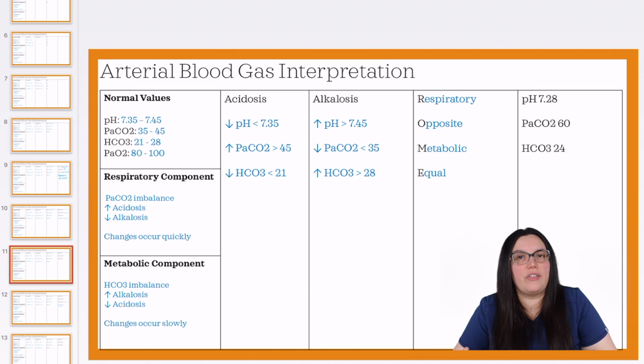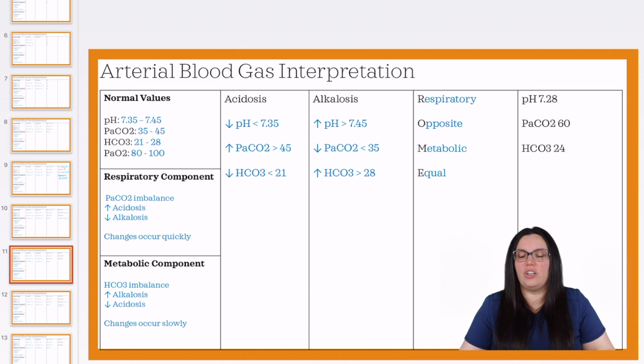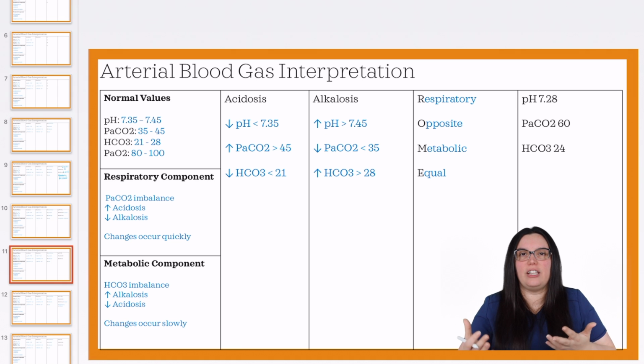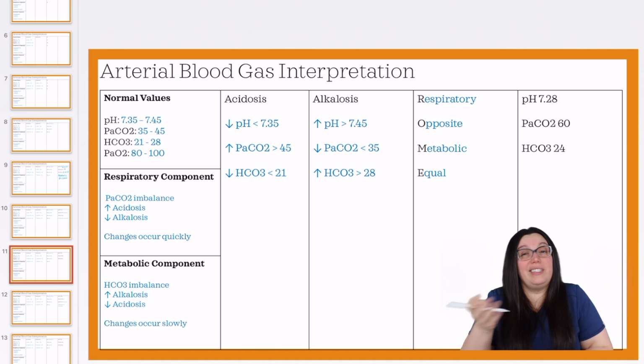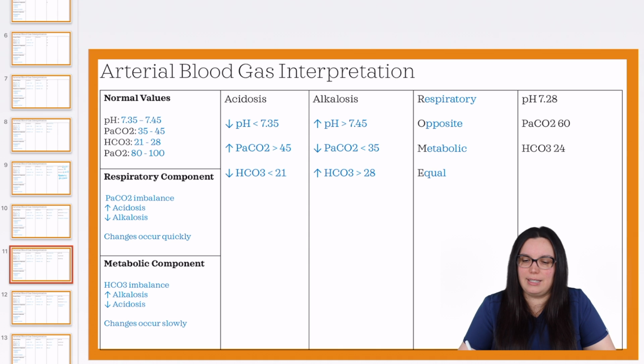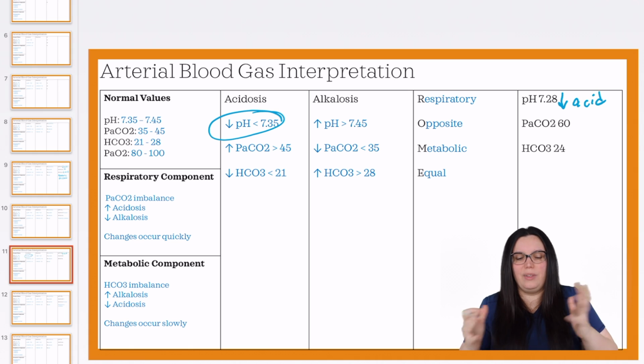So let's take a look at another example. So we have a pH of 7.28, a PaCO2 of 60, and an HCO3 of 24. As we always do, we begin with our pH. Is it high or is it low or is it even neutral? Our pH is 7.28, normal is 7.35 to 7.45, so we know that this is low. So this is going to be an acid, right? As we see over here, it falls within that acidic area.